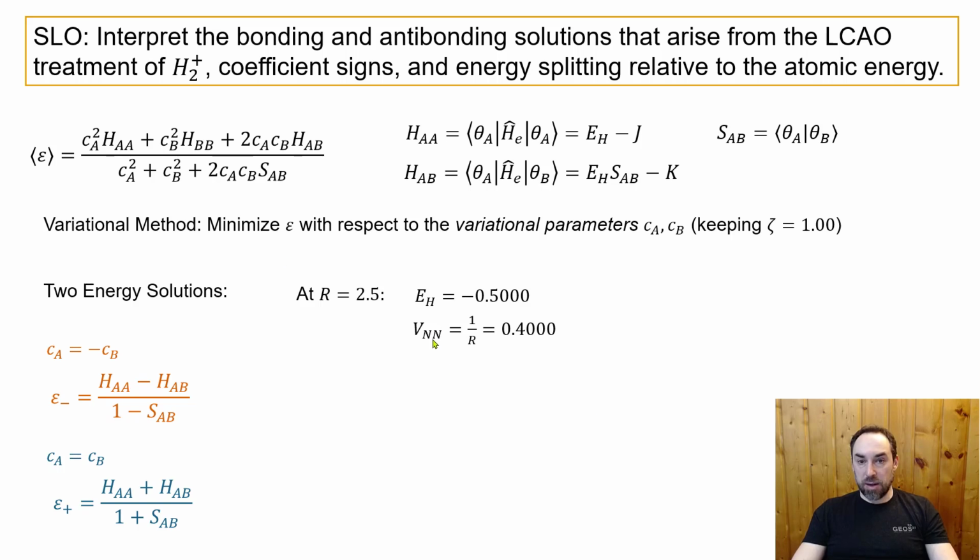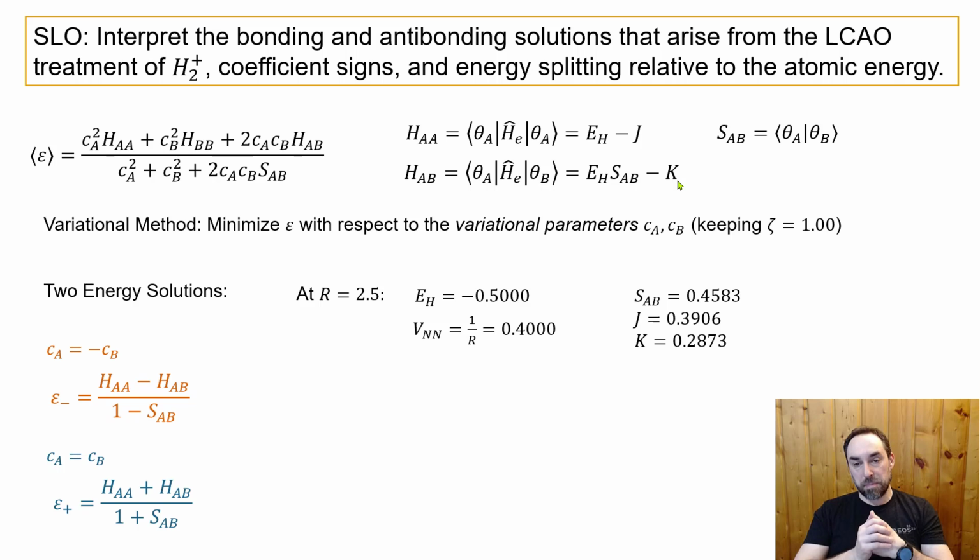The repulsion energy between the two nuclei, we calculate 1 over R, is plus 0.4 Hartree. So that tells us that, of course, with two positive nuclear charges, it's destabilizing at short distances. And then we have to calculate this overlap integral, this Coulomb integral, and this exchange integral.